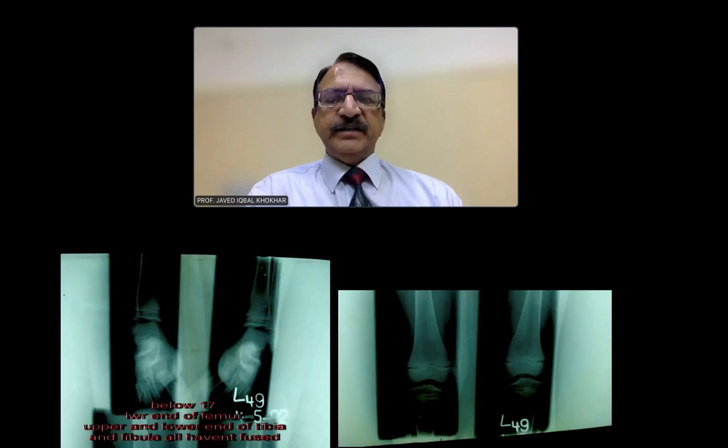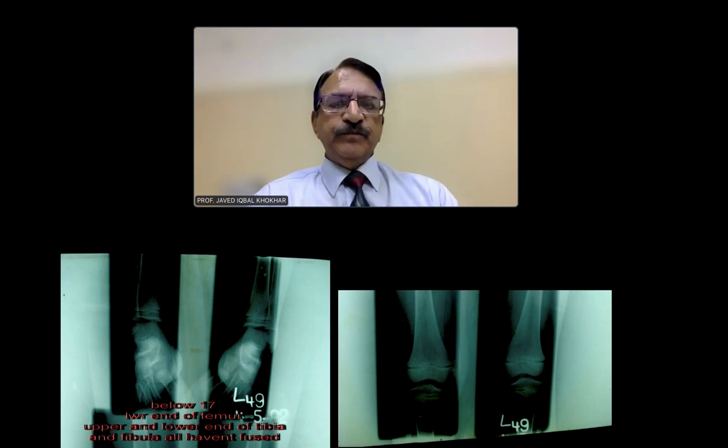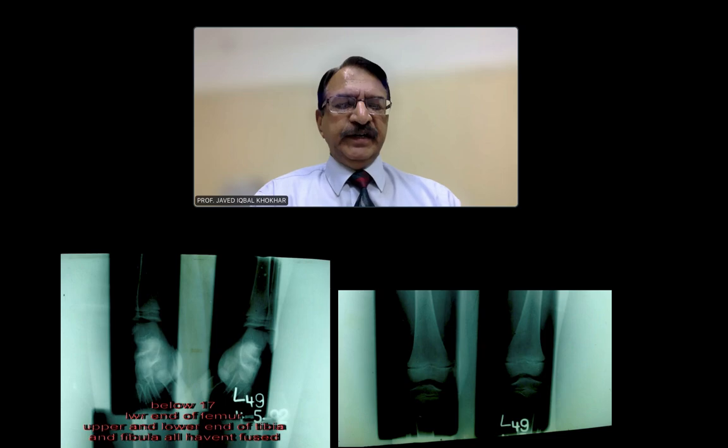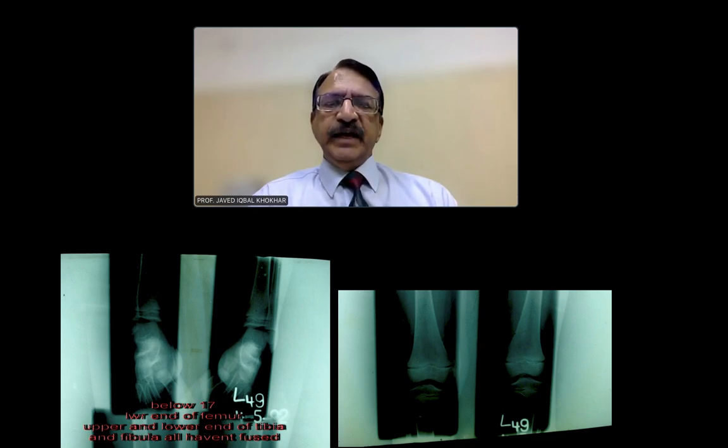So this is the X-ray showing that the lower end of the tibia has not fused, and the lower end of the femur and upper end of the tibia are also not fused. So it is below 17. The left showing the ankle and the right showing the knee joint.